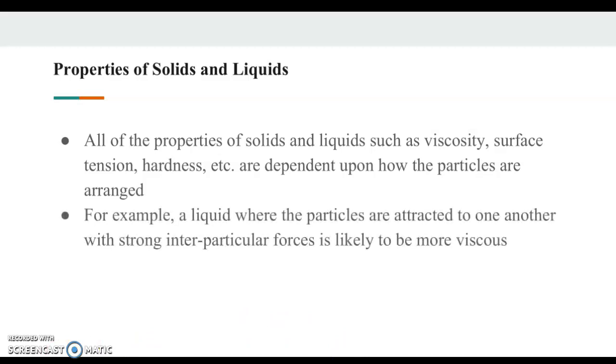Like I said, when liquid particles are more attracted to each other, they have stronger intermolecular forces, and whatever type of intermolecular forces that substance has, it's more likely to be viscous. So like honey, molasses, maple syrup, they're fairly viscous. Their particles have stronger intermolecular forces, hence why they pour in a thicker, slower manner compared to something like water or milk, which would have weaker intermolecular forces and hence pour faster.